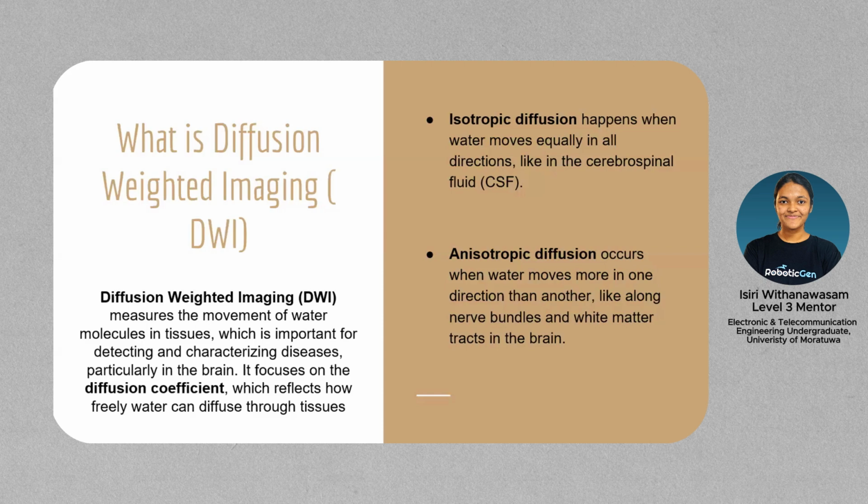That's why we use diffusion tensor imaging to analyze the white matter, the nerve tracts of our brain. We can diagnose specific brain disorders like Parkinson's, strokes and tumors. It's easier to diagnose those kinds of disorders using diffusion weighted imaging.